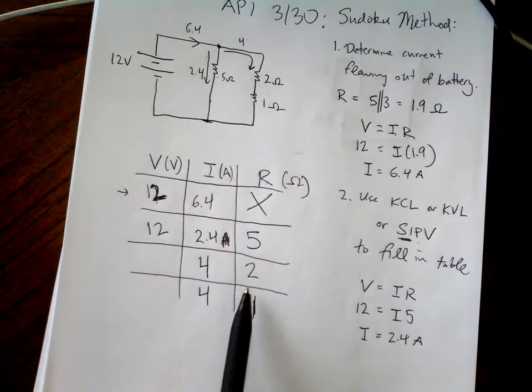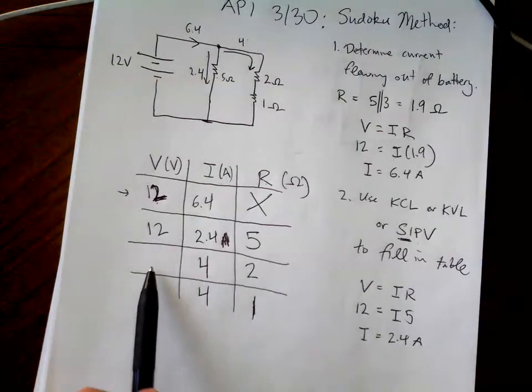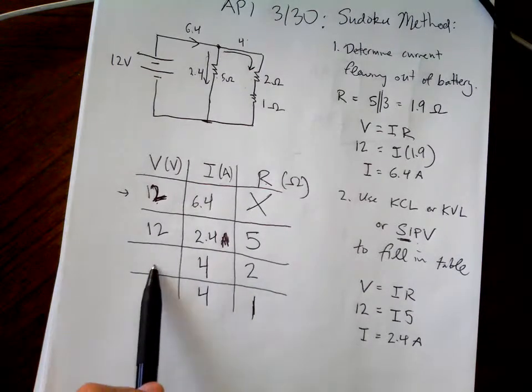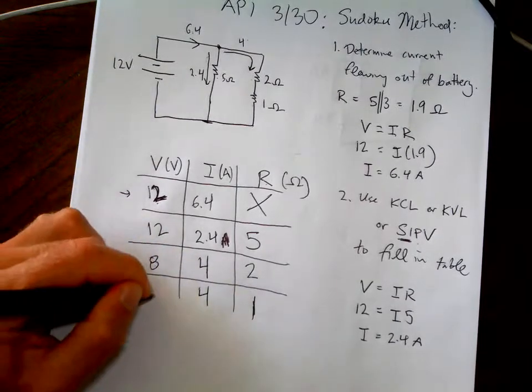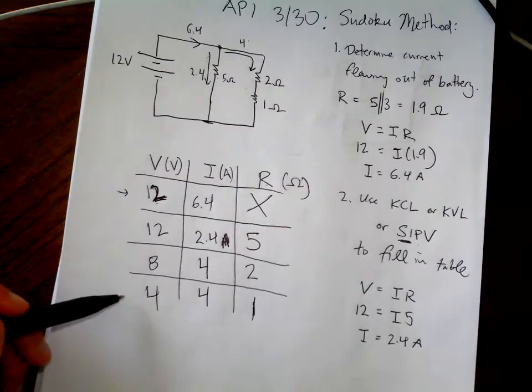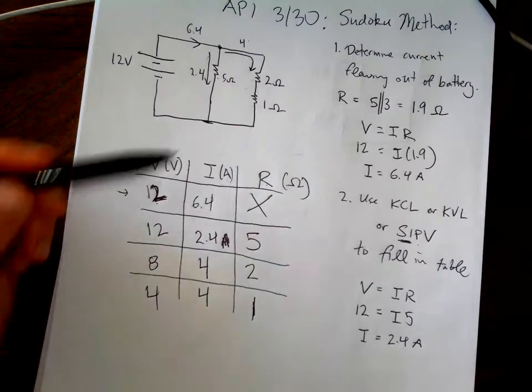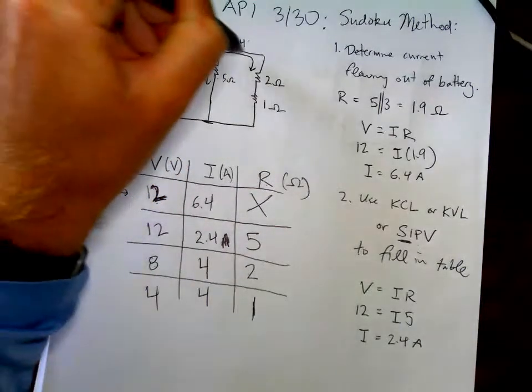Now, anytime I have a row with 2 things filled out, I can get the third one with Ohm's law. V equals I times R, so this is 8 volts, and this is 4 volts. All right? So we can do a little sanity check. What if I did a Kirchhoff's voltage law loop around the outside of the circuit?